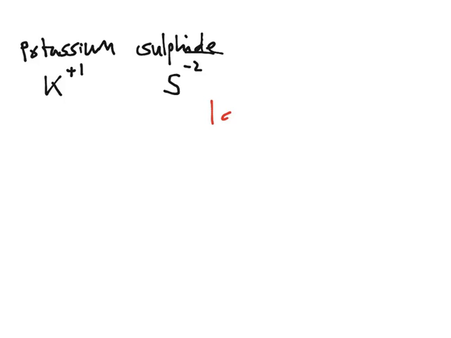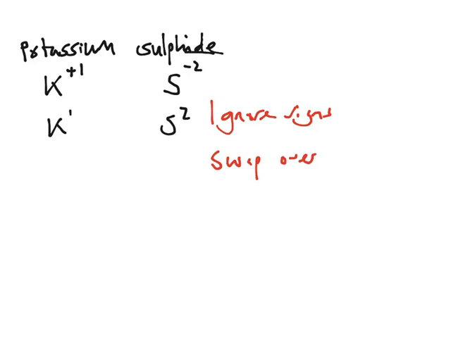First step, we ignore signs, so we can write here K1 S2. The second step is swap them over, so we can write K2, 2 comes from here, and S1, yes, the 1 comes from there.